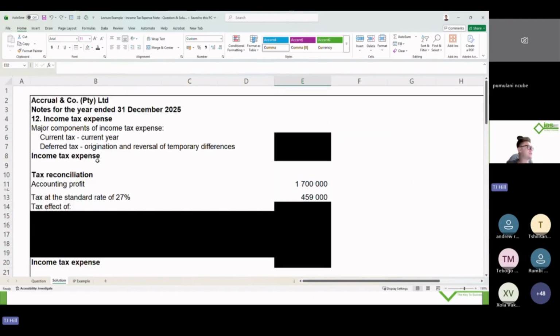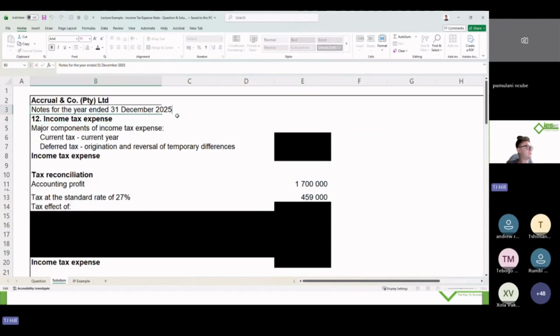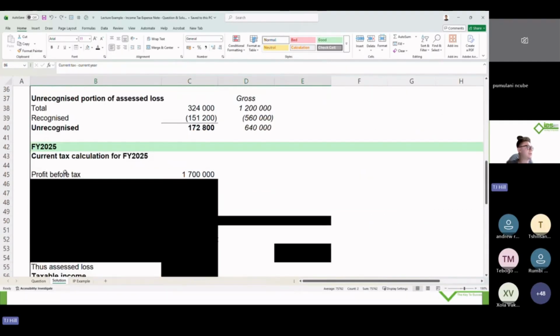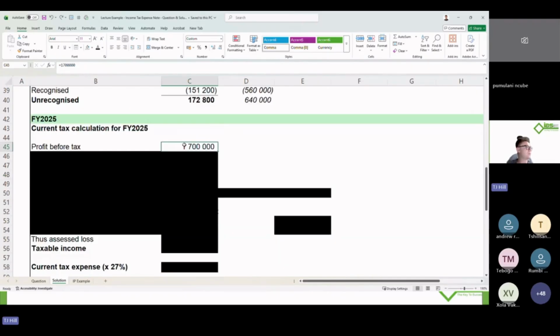But the required asked me for the note for 2025. So in order for me to do that, I need to get the current tax expense. How do I do it? We've covered this in the previous lecture and a little bit in this one when we look at the loss. You start with your profit before tax and you make your adjustments.